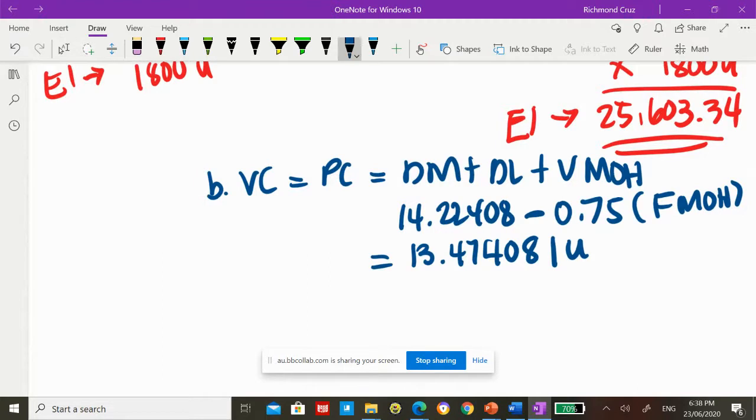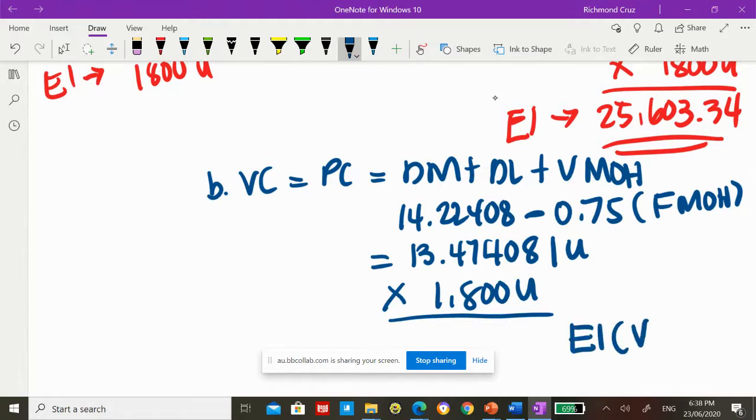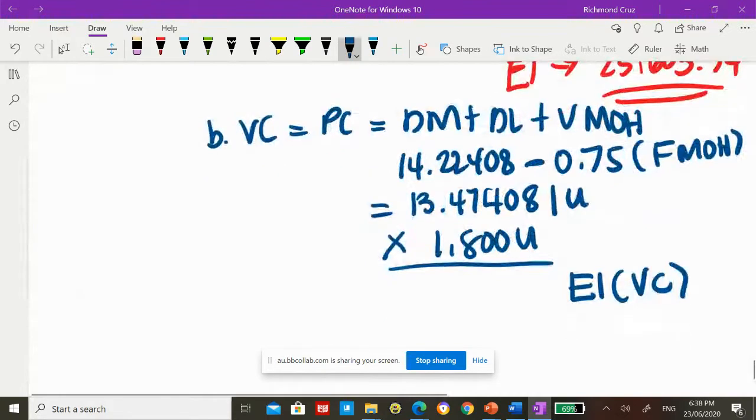So, tinatanong sa atin, ending inventory. So, i-multiply ko ulit yan ng 1,800 units para ma-compute yung ending inventory under ng variable costing method. So, that will be 24,253.34. Ayan.